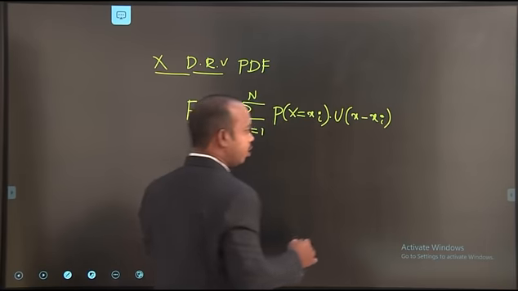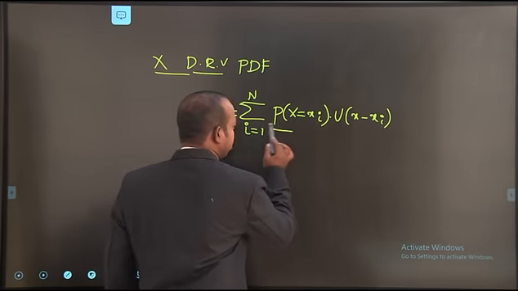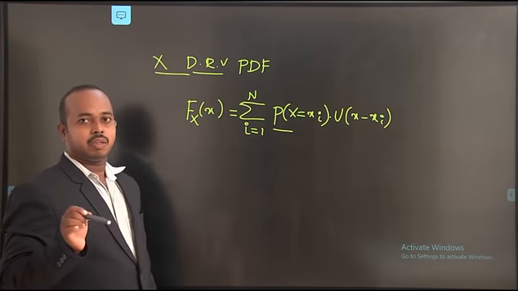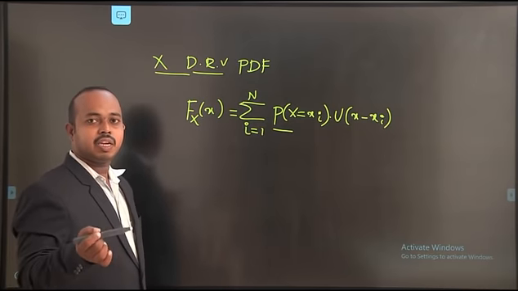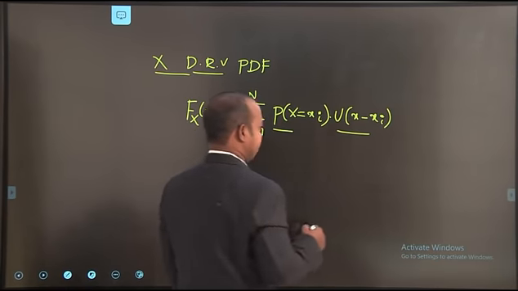Here the first quantity represents the probability for events, and the second quantity represents the step signal.